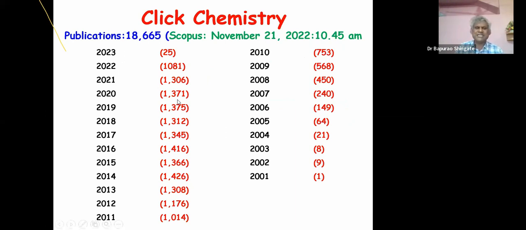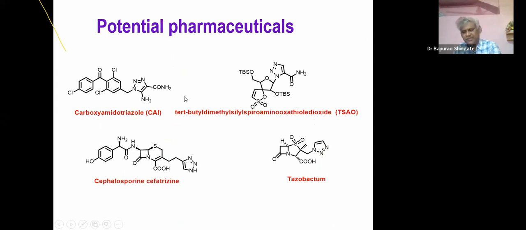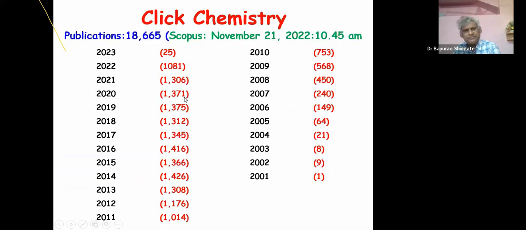In the year 2020, the number of publications was 1,371. And for this year, the year has not ended yet, the number of publications is 1,081. The total number of publications in the last 20 years is around 17,000. Every year you can see a minimum of 700 to 800 papers on this concept.